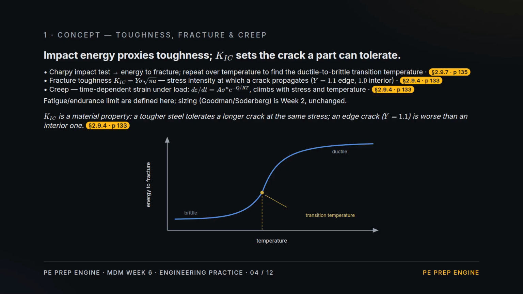Fracture toughness, K1C, is the stress intensity at which a crack runs. Geometry factor times stress times the root of pi times crack length, with the factor higher for an edge crack than an interior one. Creep is slow strain under load that climbs with stress and temperature. Fatigue is defined here, but its sizing criteria are the Goodman and Soderberg methods from Week 2, unchanged.